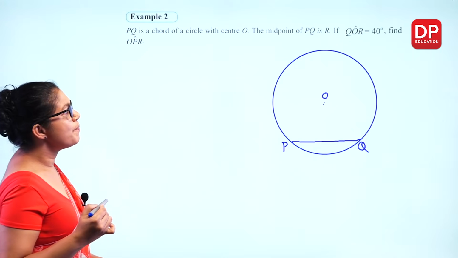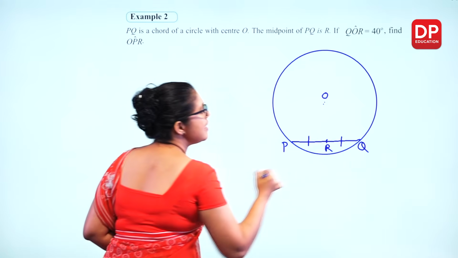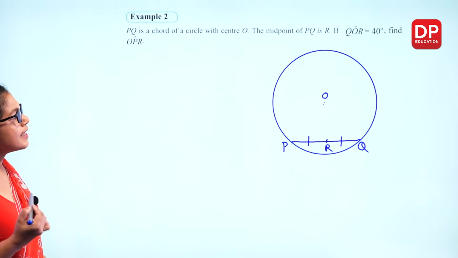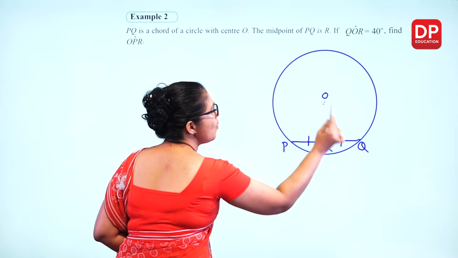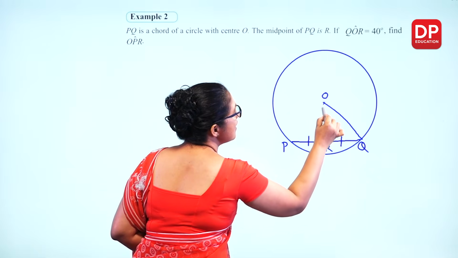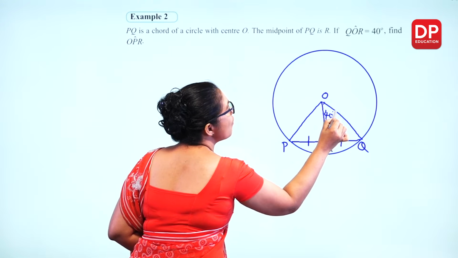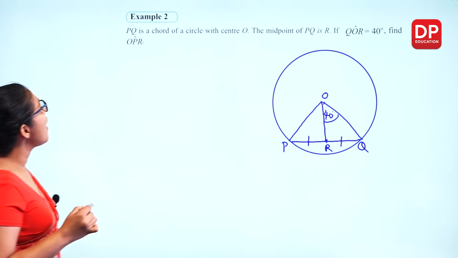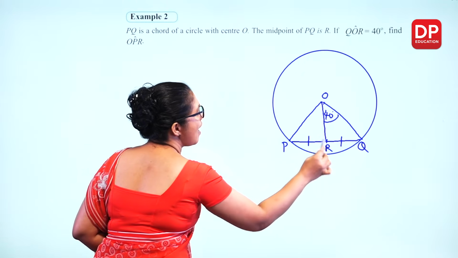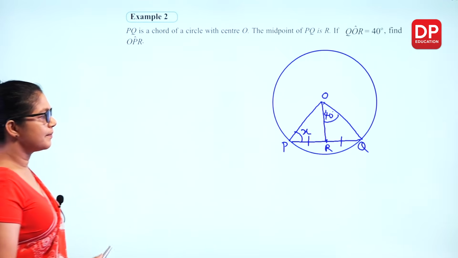The midpoint of PQ is R, so we'll take R and this is equally divided because it's the midpoint. If angle QOR is 40 degrees, so here it's given this angle is 40 degrees. Find angle OPR, this angle. So we'll say this is x.